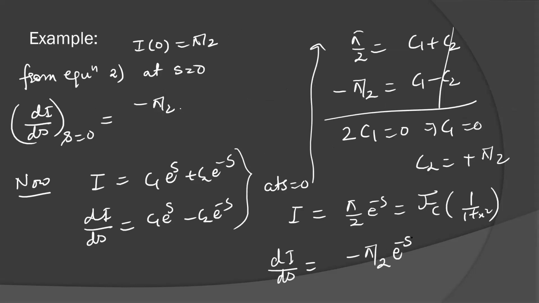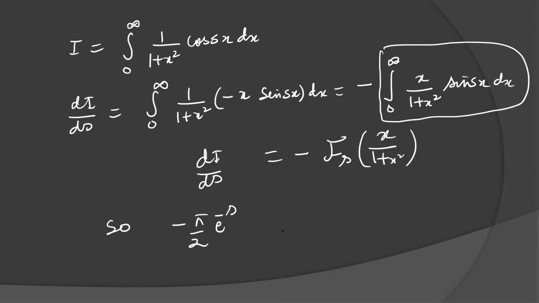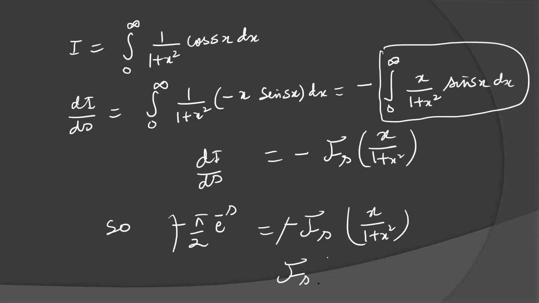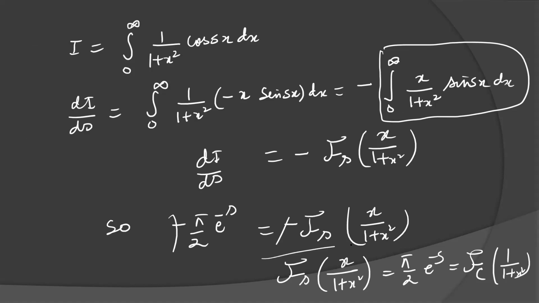So minus pi by 2 e to the power minus s is equal to minus Fourier sine transformation of x over 1 plus x square. The minus cancels out. So the Fourier sine transformation of x over 1 plus x square is again pi by 2 e to the power minus s, which is equal to the Fourier cosine transformation of 1 over 1 plus x square. This is a very, very interesting and important result.